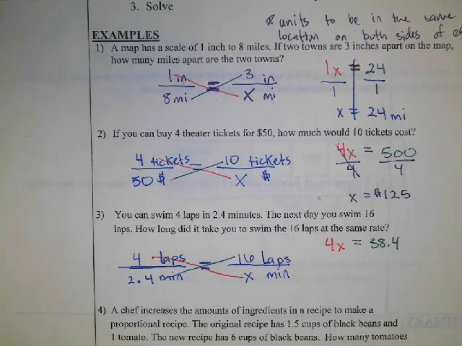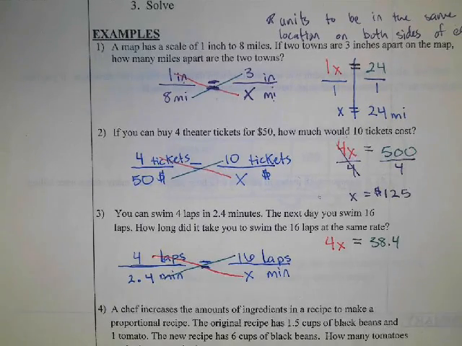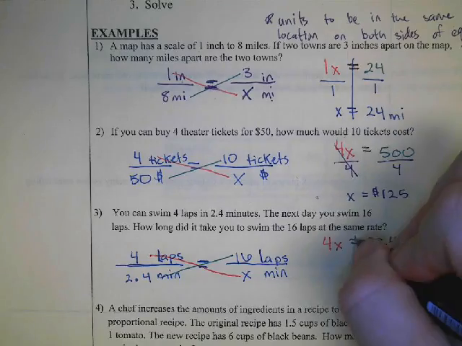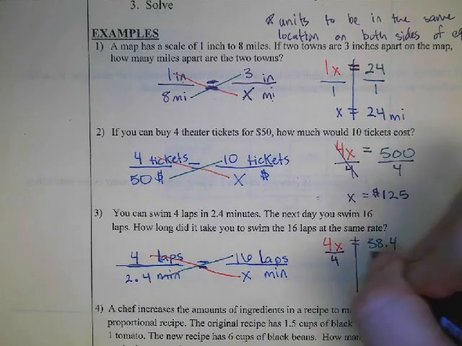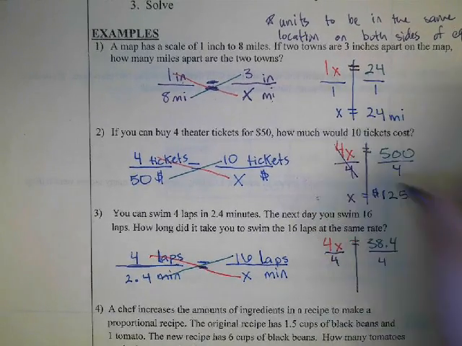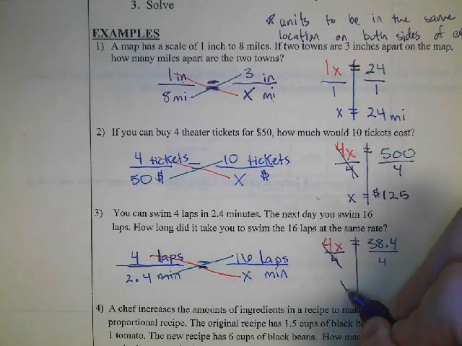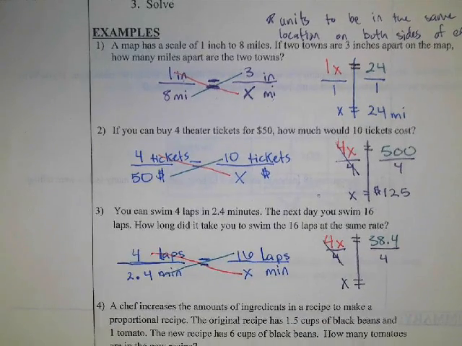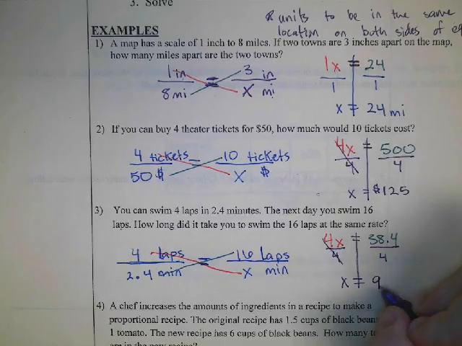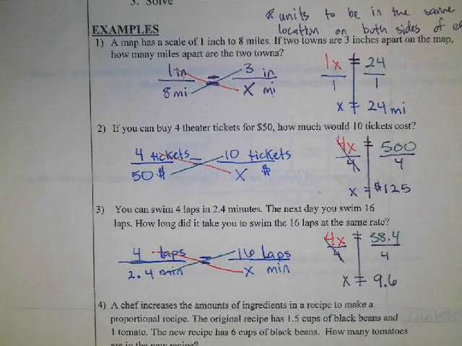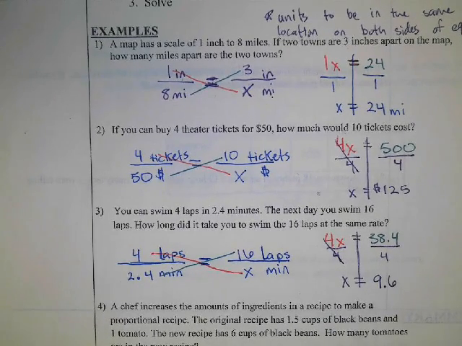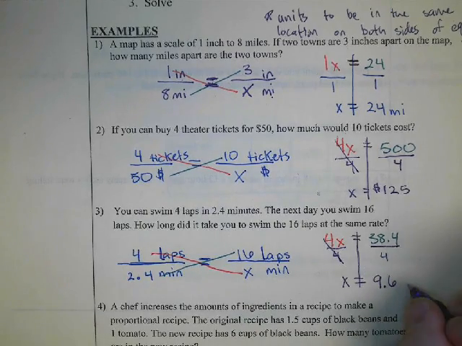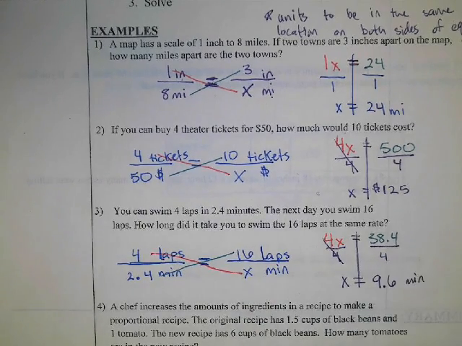Now I am simply solving for x, which is where we divide by our coefficient, divide by 4. The 4's cancel, and we get x equals 38.4 divided by 4, which is 9.6. And x is next to minutes, so we will say 9.6 minutes.